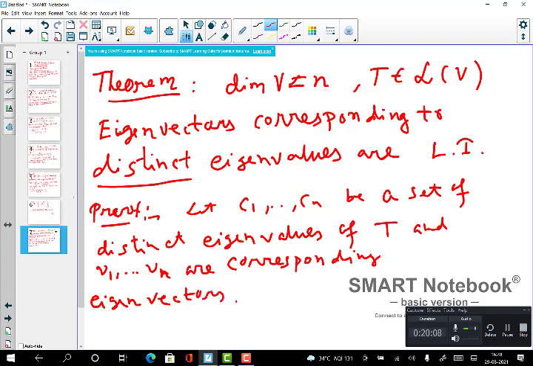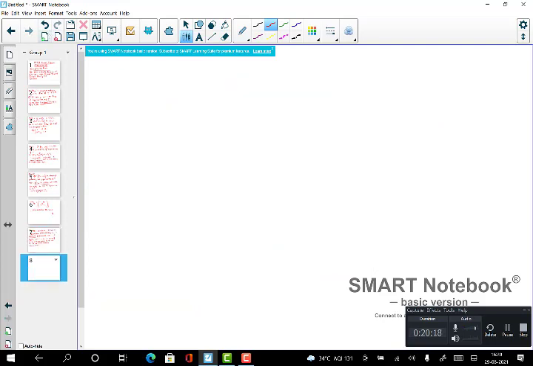Okay, what I need to prove? I need to prove that the v1, ..., vn will be linearly independent over F. So the proof will be, we will do the proof using mathematical induction.